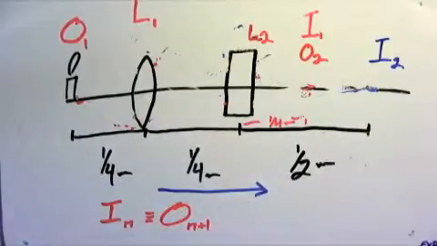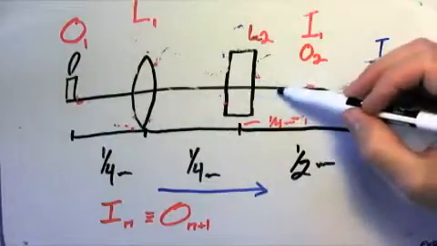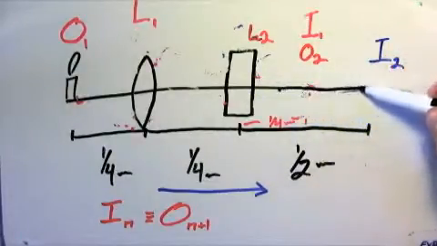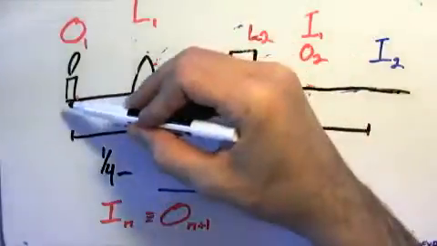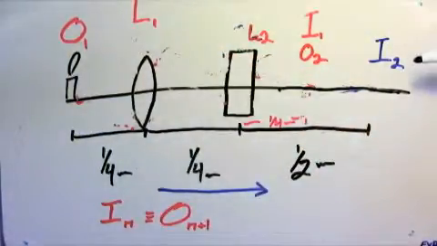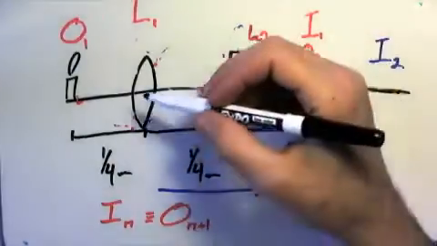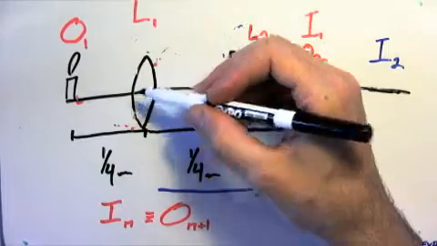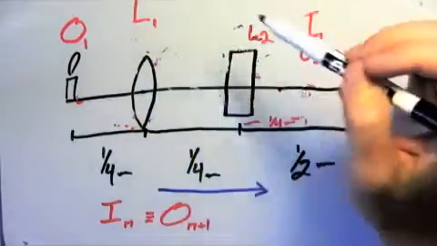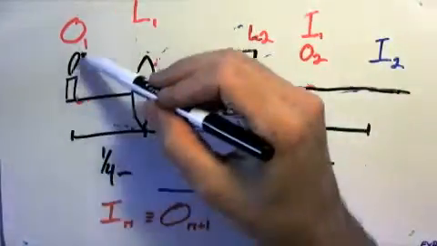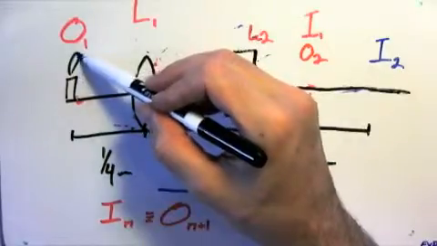So we're only going to deal with the subscript 1s first, and we're going to ignore all subscript 2s. For central ray tracing, we need 2 central rays. We already have one of them here, right? This is the central ray that represents the data about the base of the candle. The other central ray that we want is the central ray that represents the data from the tip of the flame. So lens number 1, the optical center is here, and we're going to draw a line going to image number 1 through the optical center of lens number 1.